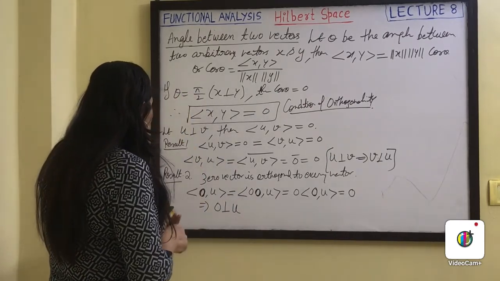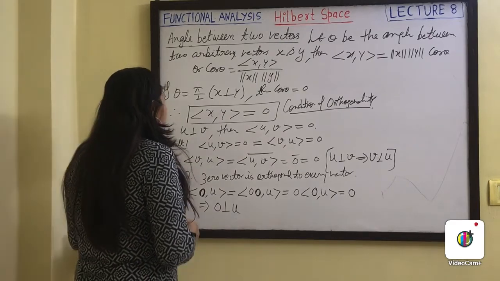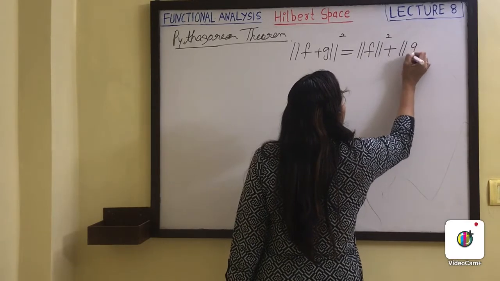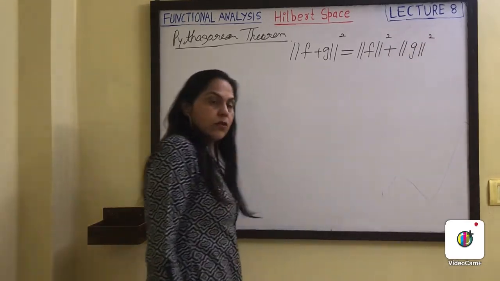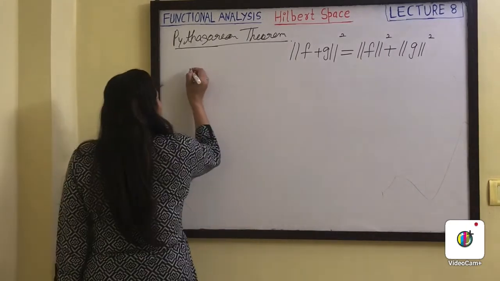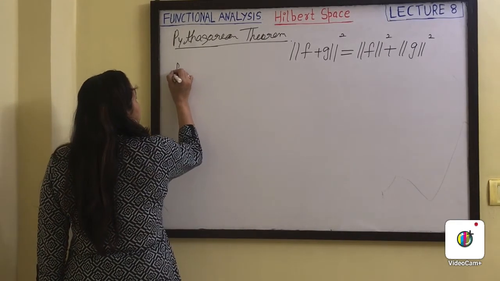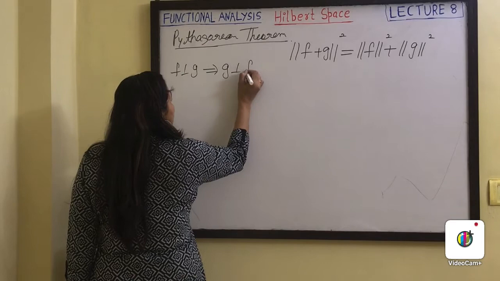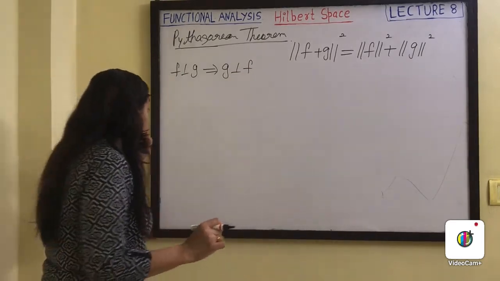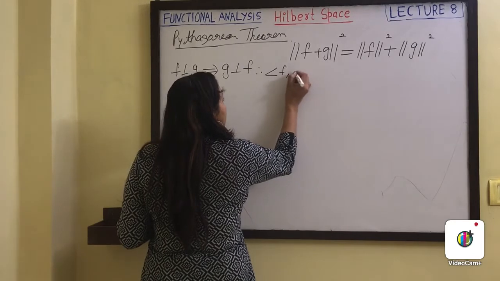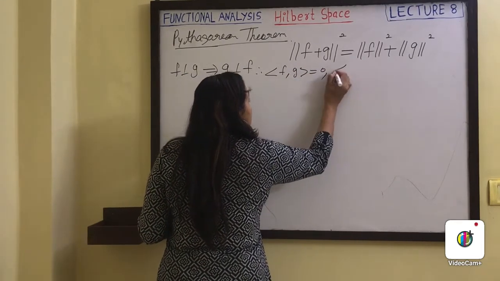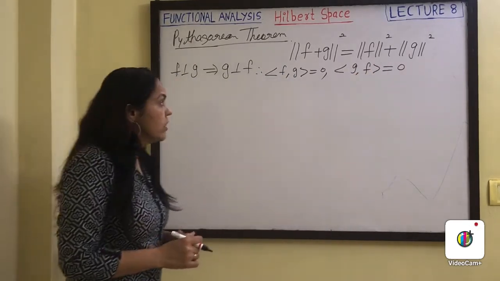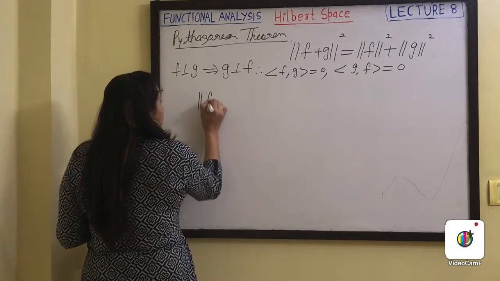Now we can also prove the Pythagorean theorem: norm of f plus g square is equal to norm f square plus norm g square. Okay, now we have f is perpendicular to g and g is perpendicular to f. Therefore, we can say inner product of f comma g is equal to 0 and inner product of g comma f is also equal to 0. Now we start from the left hand side.